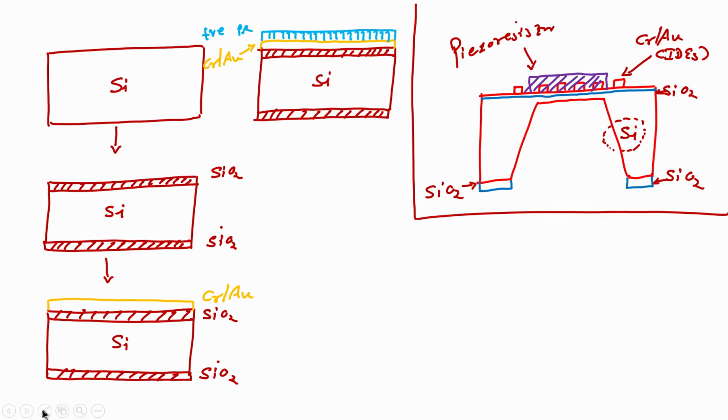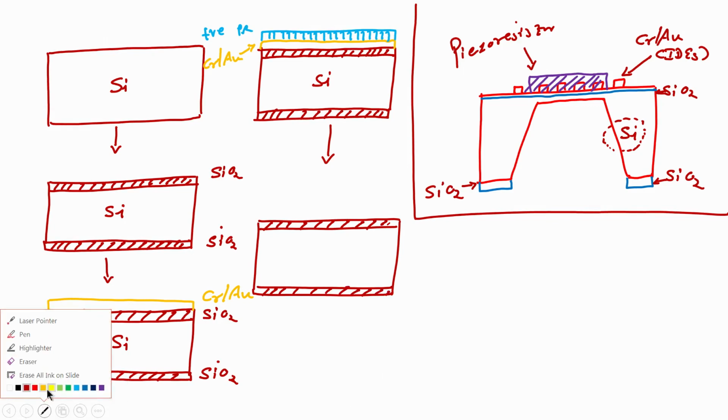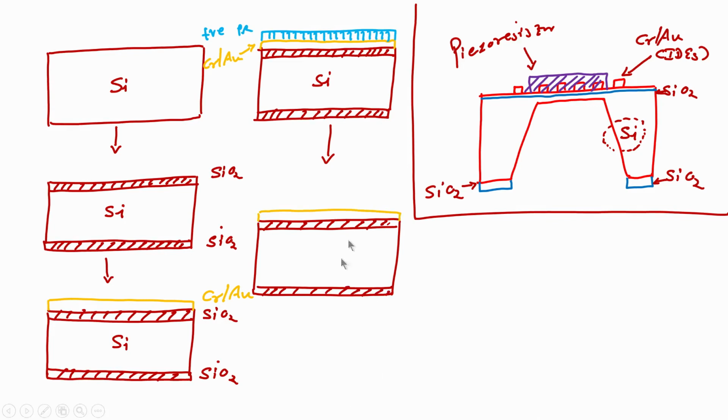Next step is we have to use a mask. So, I will quickly draw the wafer, oxide, then chrome gold, then we have photoresist, which is positive photoresist.